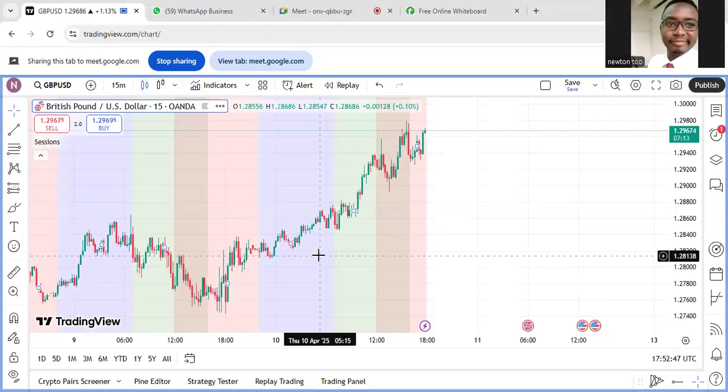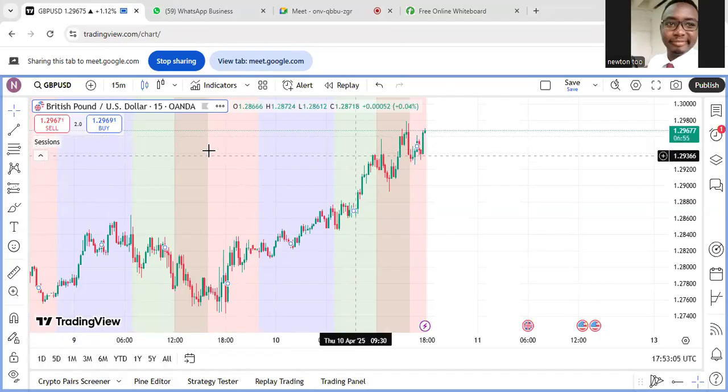Now you can see I have my trading session on my screen. I want to set the session colors to fit my preference: yellow for London, blue for Asia, and brown for New York.